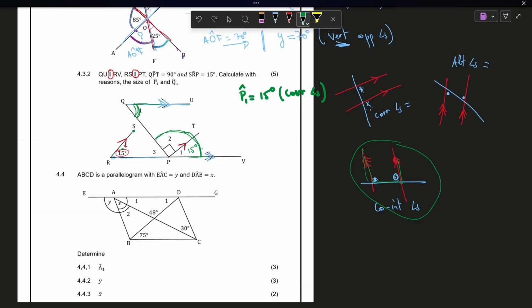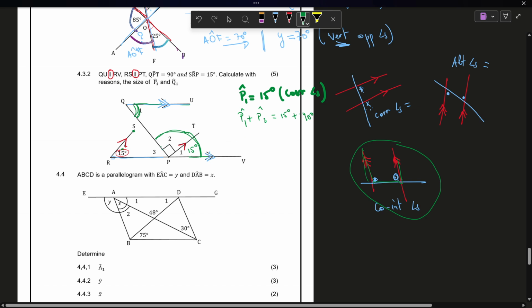Okay, so great, that's wonderful. Now, it means I can join P1 plus P2, these two angles, which is basically 15 degrees plus 90 degrees. How do I know I've got 90 degrees here?